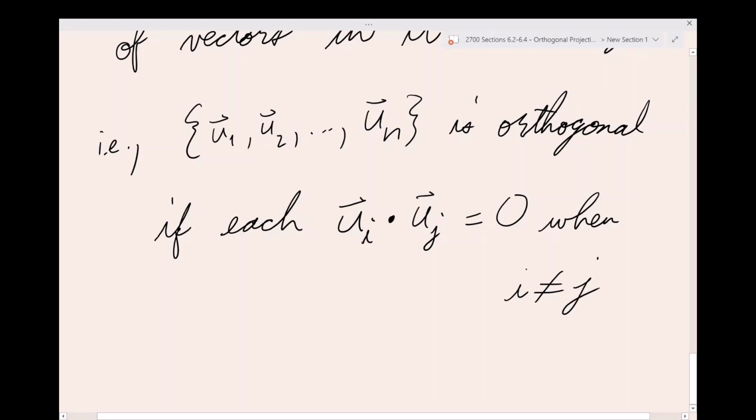Something dot itself is just its length squared, but if my things are perpendicular to each other, the dot product should be 0. We saw that before.